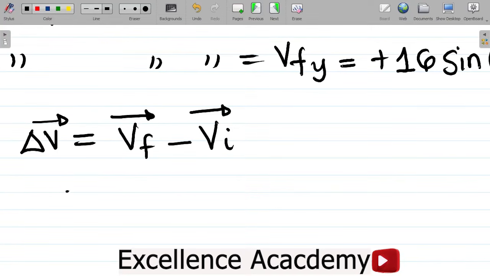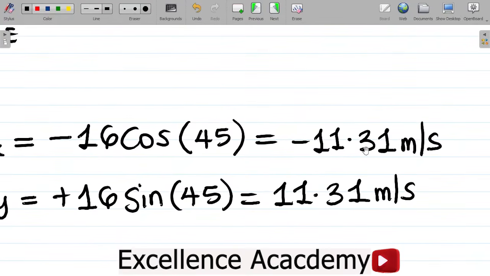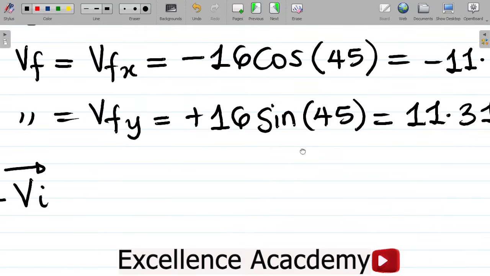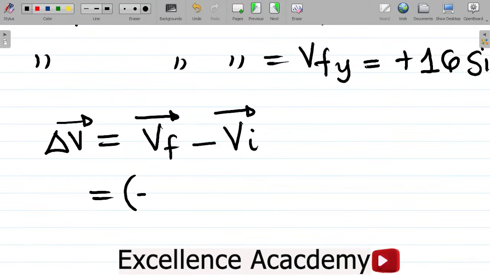The x value is minus 11.31, and we'll give this an i, which shows that it's on the horizontal axis.